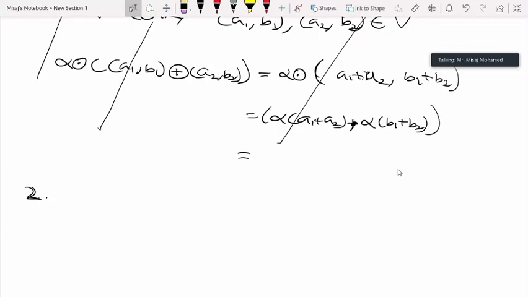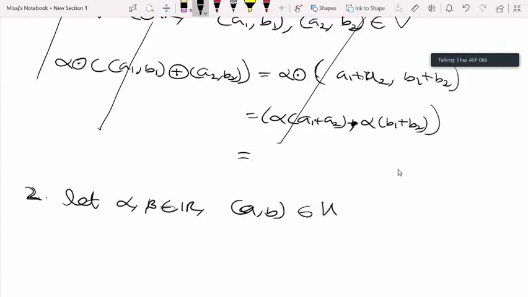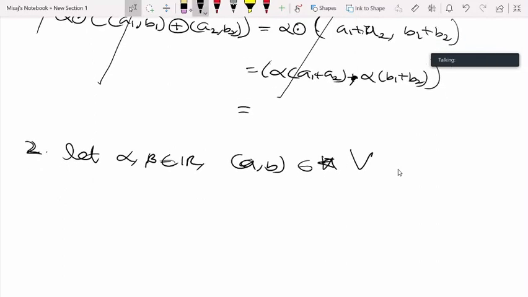Let alpha, beta be from R, so we need two scalars with the vector. I have taken two scalars and this vector, and we are checking alpha dot (beta dot (A, B)). What will happen to this?